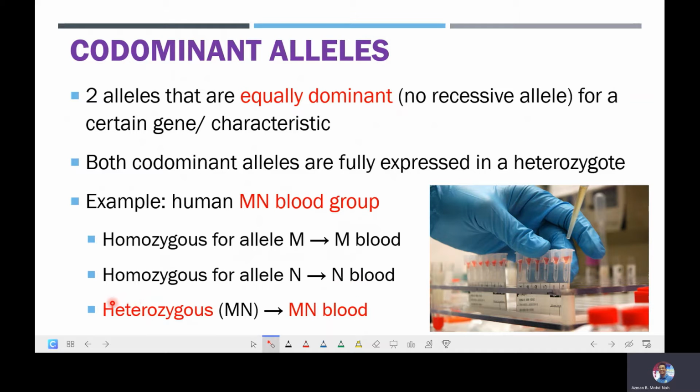Meanwhile, in a heterozygous condition, where the genotype will be capital M and capital N, the individual will be having the MN blood type. This shows that both the capital M allele and also the capital N allele will be able to show their own characteristics in a heterozygous condition.